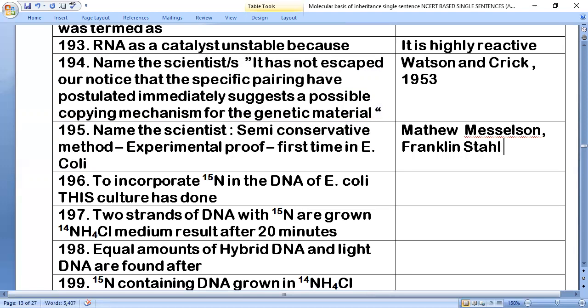To incorporate N15 in the DNA of Escherichia coli, this culture has to be done.